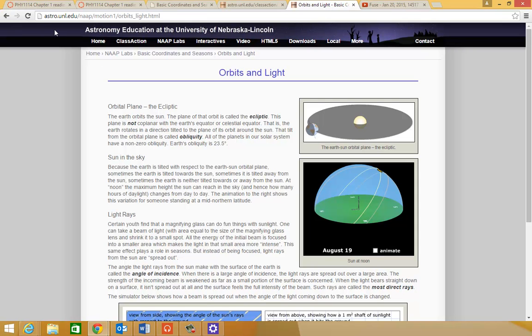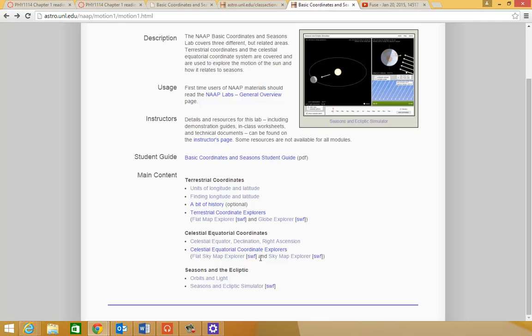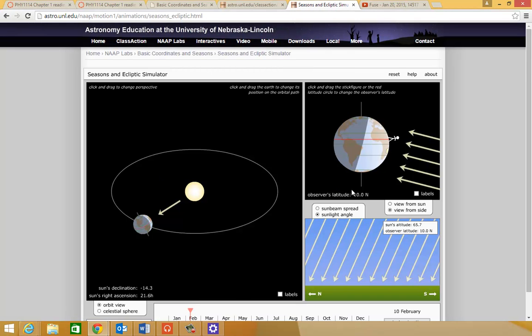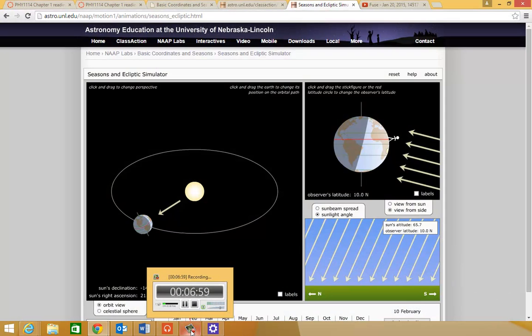Both of those can be answered, again, with the celestial sphere, the Seasons and Ecliptic Simulator. And that's about it. So good luck. Again, one of the biggest stumbling points you're going to find is interpreting the graphs on questions 3 and 4. Once you figure that out, the rest of it should be pretty straightforward. Good luck.